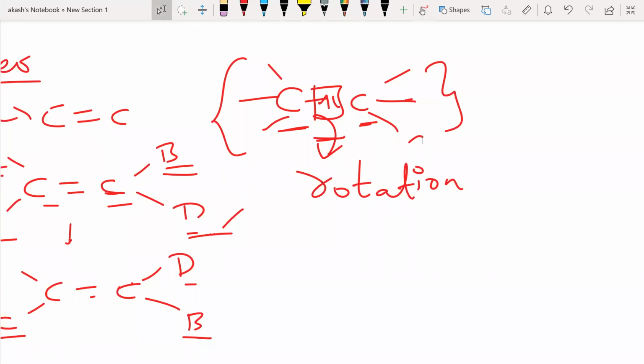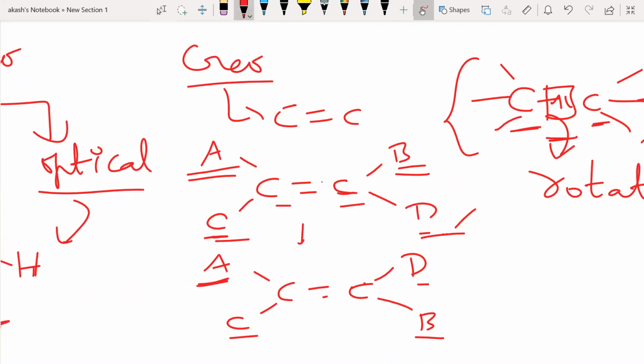But when I go for the double bond, people, this double bond cannot rotate. Now I hope you understand why. If you try to rotate, the bond will actually break. You know how pi bonds are formed, isn't it?